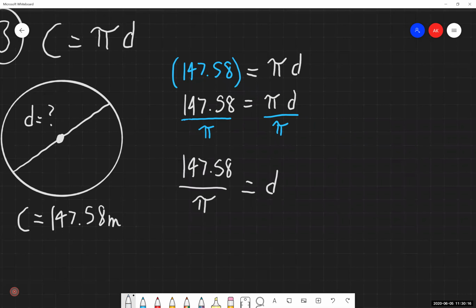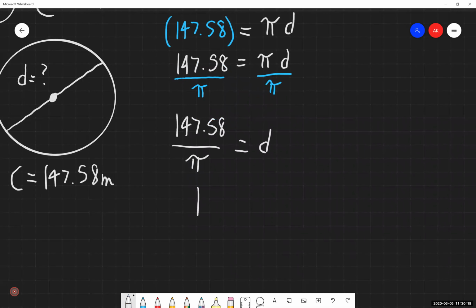So we would find that the diameter is going to be equal to 147.58 divided by pi. And again, when you get to this point, apply your calculator. So we'll jump over to our graphing calculator example, and we'll take a look at that.